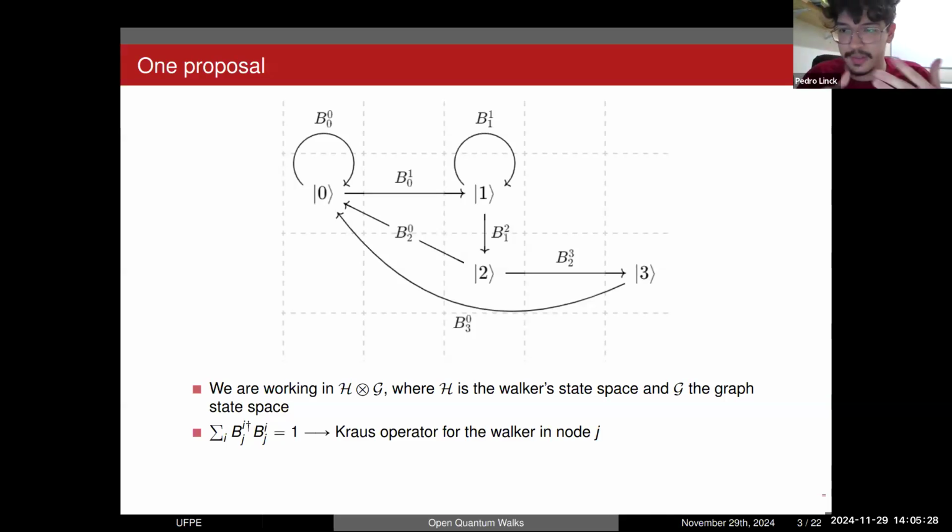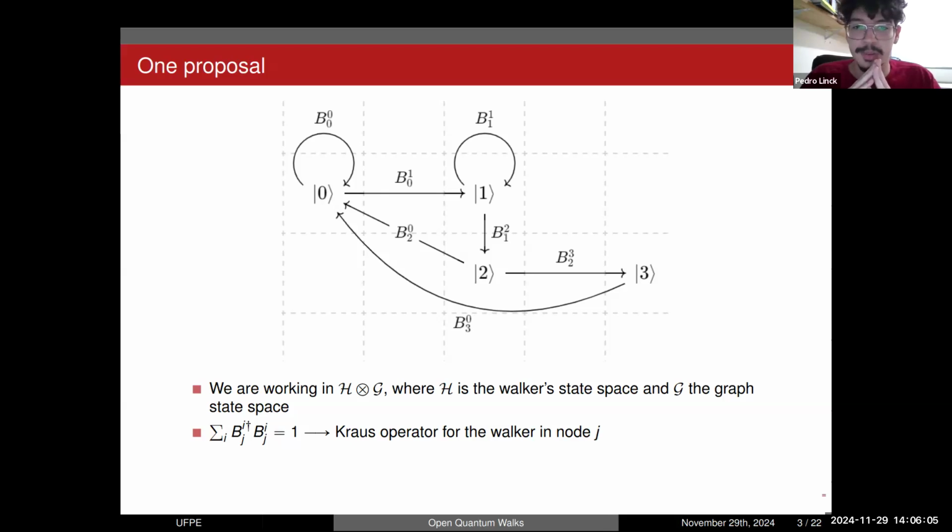So you have an evolution that is a little more complicated than just a unitary. You have a set of operators such that the sum of these operators, dagger operator, is the identity. In this case, for each node of the graph, we have a set of Kraus operators. For example, in node 2, you have two Kraus operators, one going to node 3 and one going to node 0.